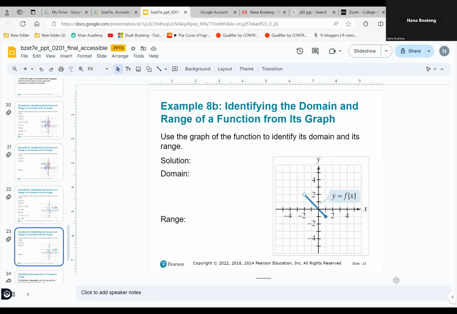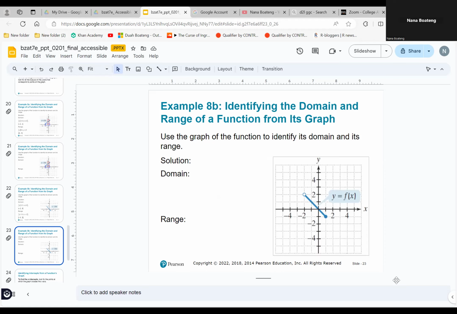So that is how we determine the domain and range of the function. On the x-axis, it goes from -2 to +1, but -2 is open because the point is not shaded. And on the y-axis, it goes from -1 to +2, all included. This is how we determine the domain and range of a function from the graph.